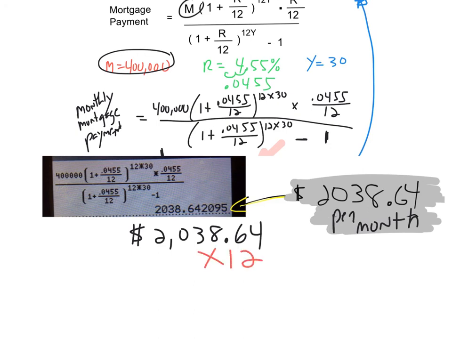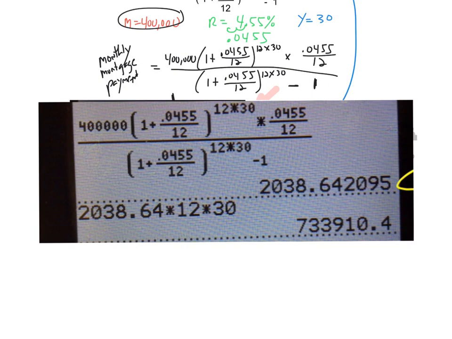So first we'll take that monthly payment, multiply it by 12 because there's 12 months per year, and then we'll take that answer and we'll multiply that by 30 because there's 30 years over the course of your mortgage. So this time what I did was I took the 2,038.64, multiplied it by 12, and then again by 30.